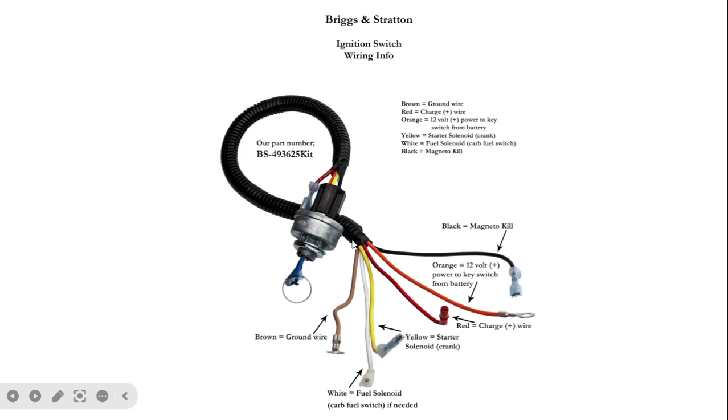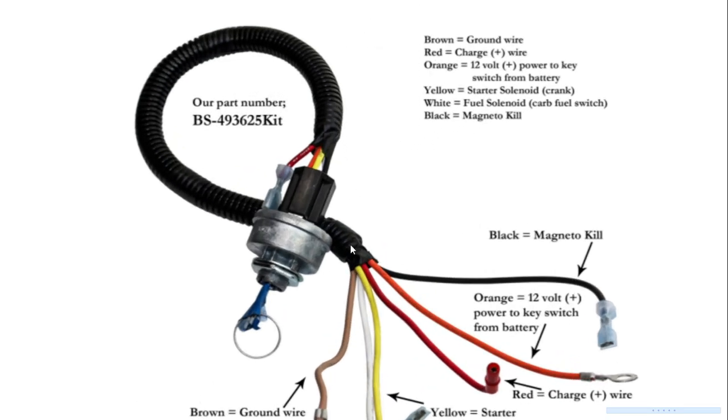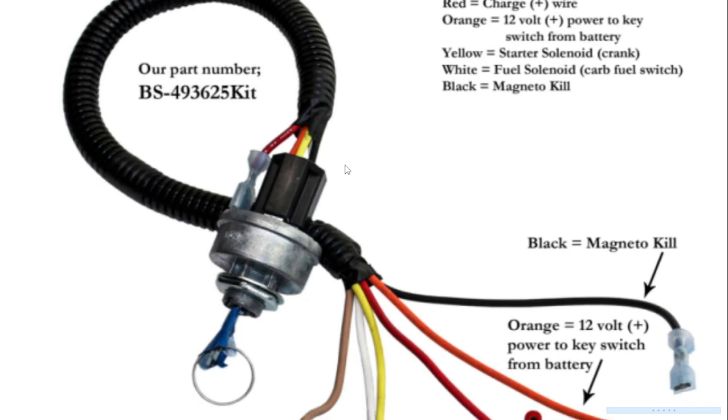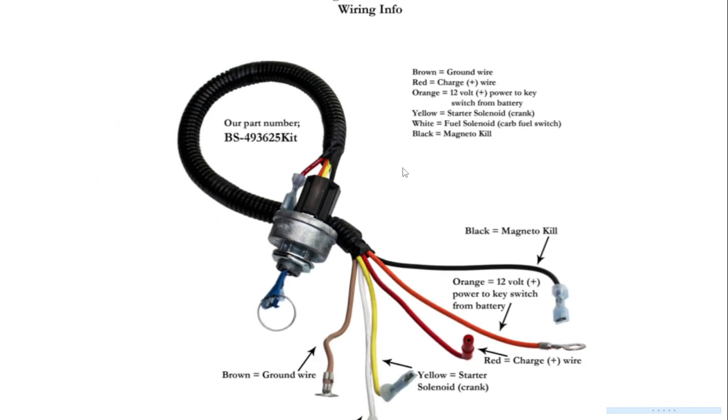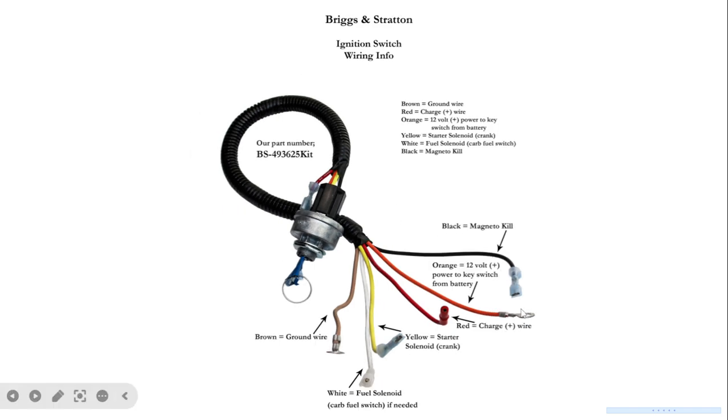I think non-split loom is what they have used. Now here are the different wires. They have marked this black as a magneto kill. This is connected to, I think, the kill switch, and this wire is connected to power to the key switch from the battery, meaning this is connected to the 12 volt positive terminal of the battery, this red ring terminal.